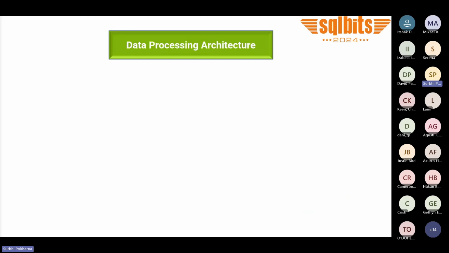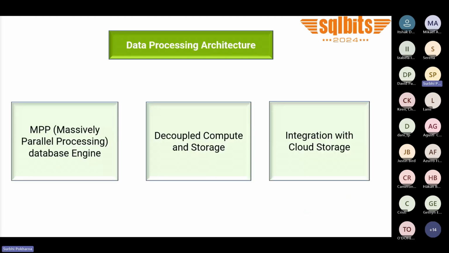Moving along. Data processing architecture, MPP, massively parallel processing, a lot of it sounds like Fabric combination. Compute and storage are decoupled. If you have storage pressure, you don't have to add an additional virtual warehouse. It would be handled from the storage perspective. So that's one good thing. Here is another differentiator with SQL Server.